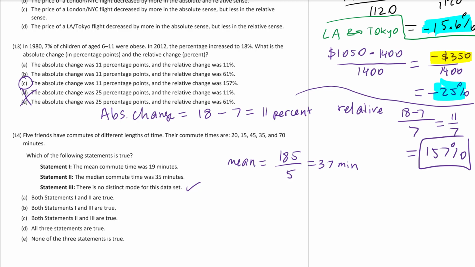So the average is 37 minutes, not 19. And then to get the median, we've got to put them in order. So 15, 20, 35, 45, and 70. So the number in between is 35. So that statement is true. So statements 2 and 3 are true. So that's the answer, choice C.